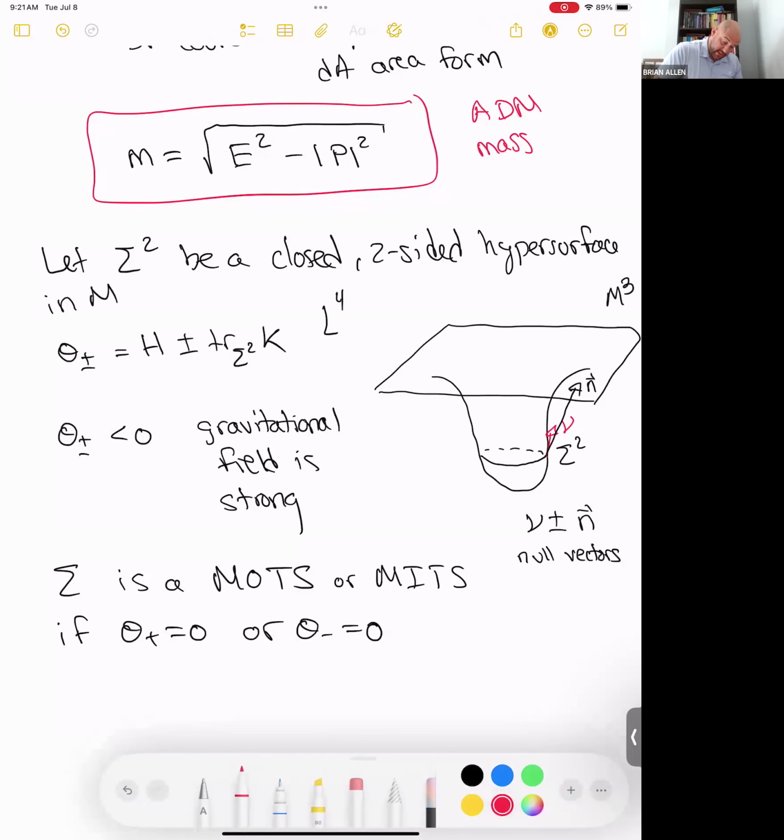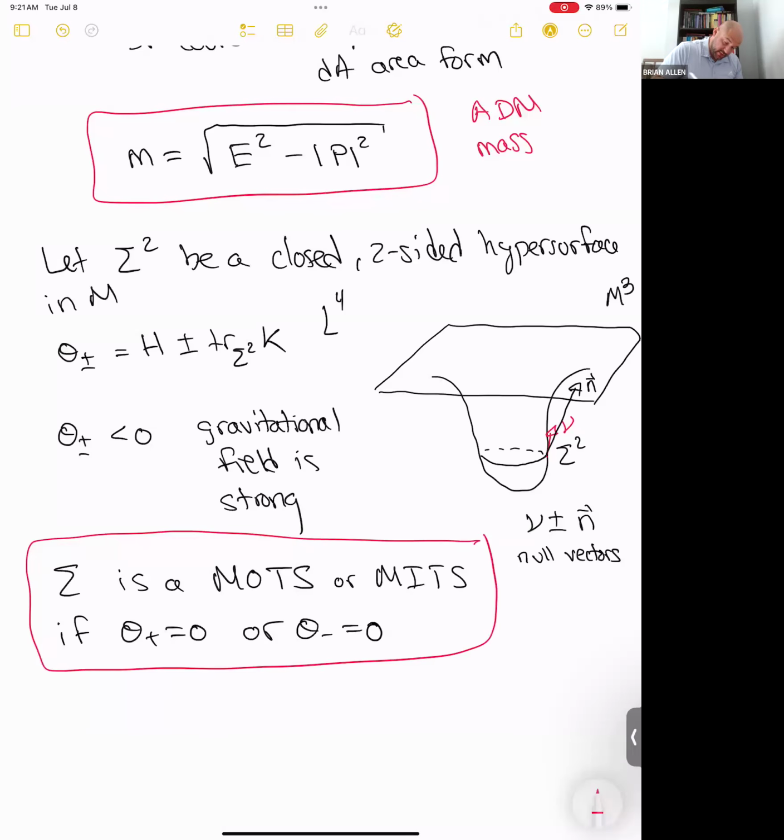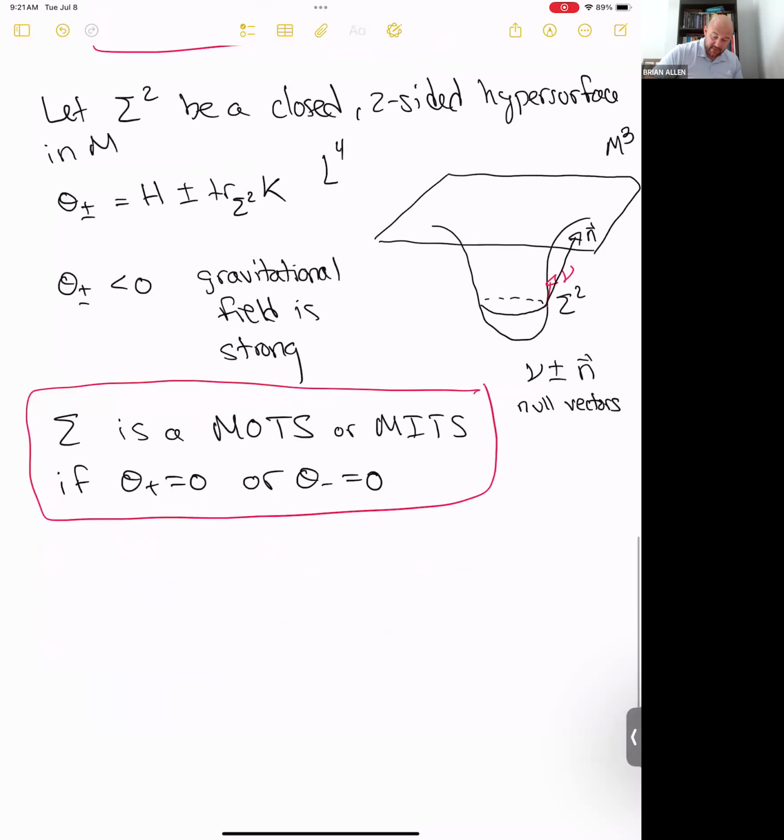definition here to get to the conjecture, the Penrose inequality, not the Riemannian one. And so that's going to be the notion of an outermost.